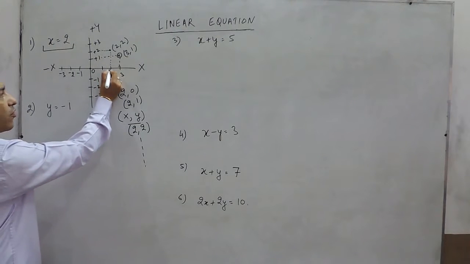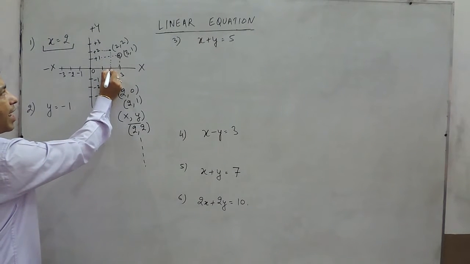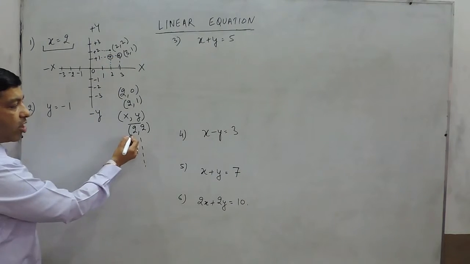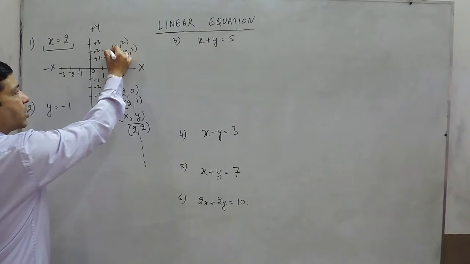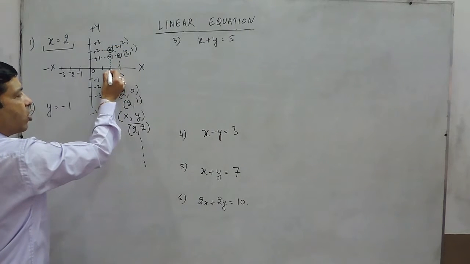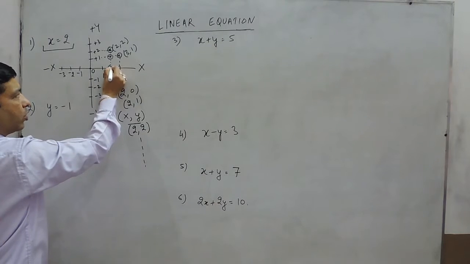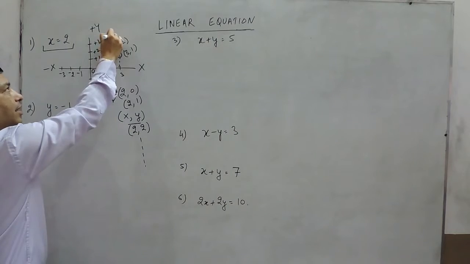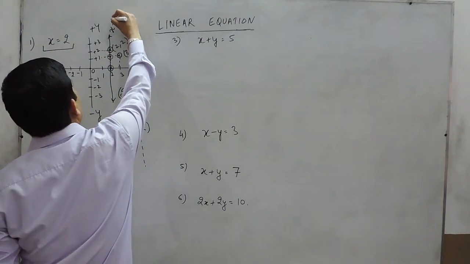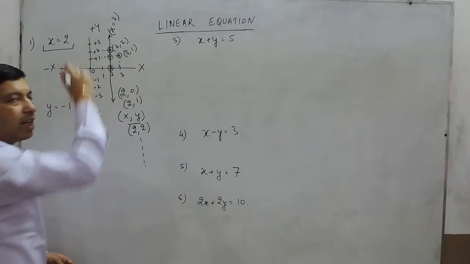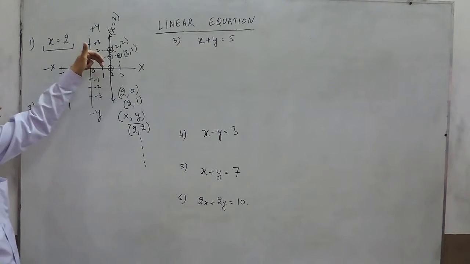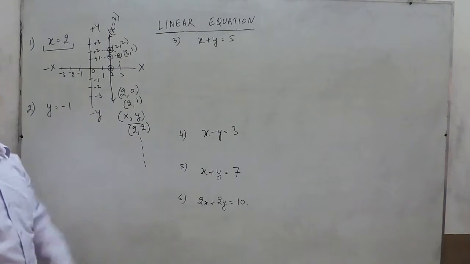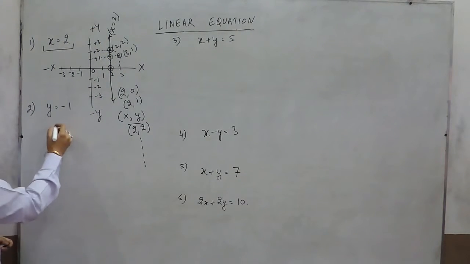So this is the coordinate we are talking about in each case. So we will draw a line and this line is representing x is equal to 2. This is a line which is representing x is equal to 2 and this will go up till minus infinity and up till plus infinity on both the sides.